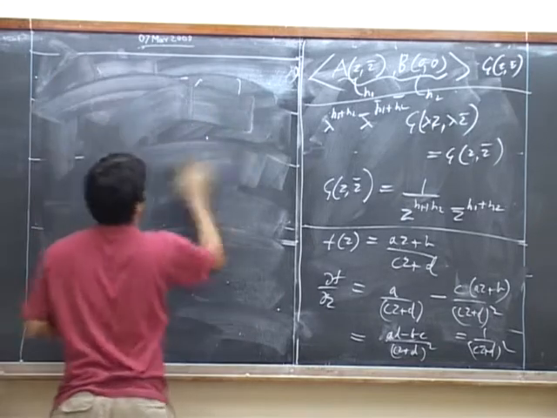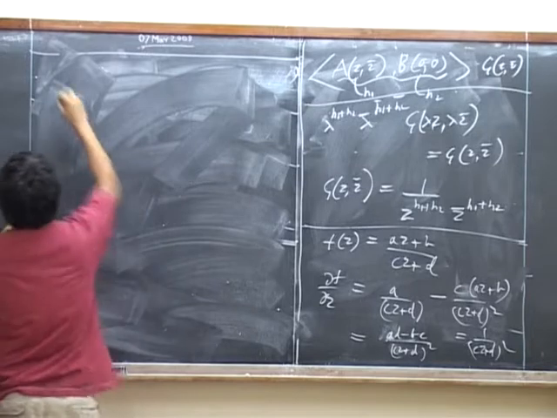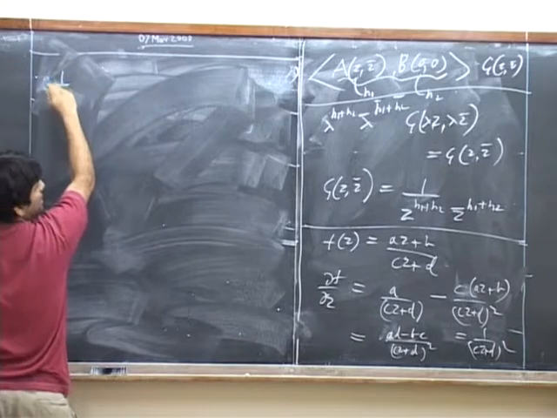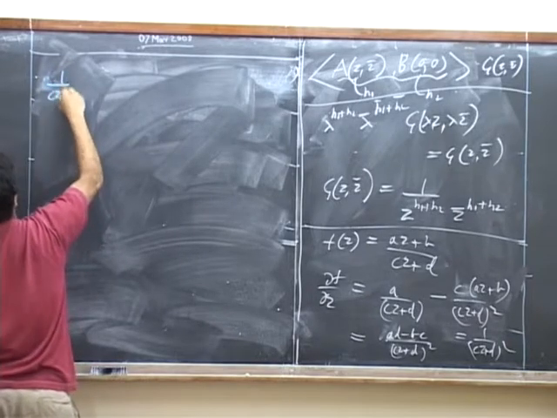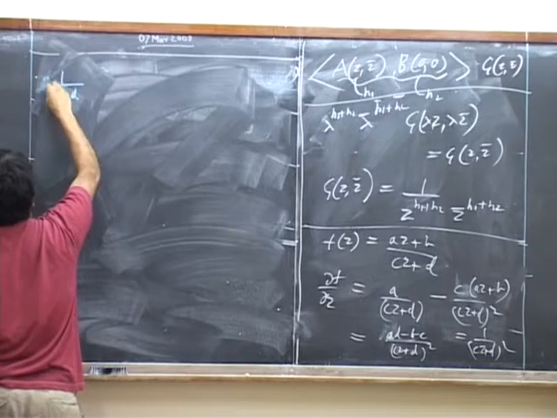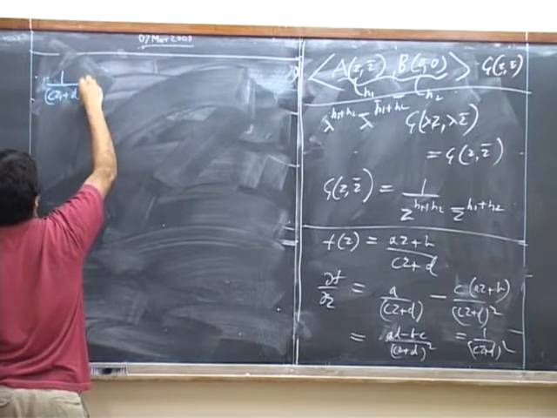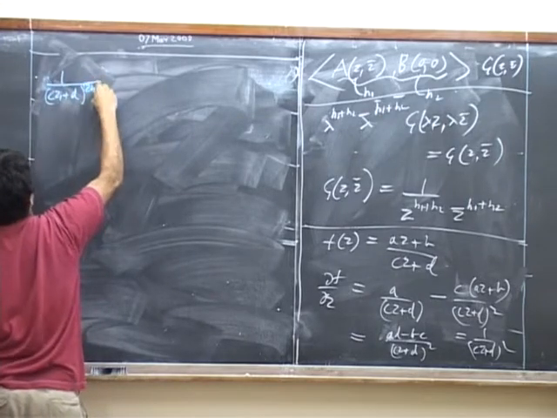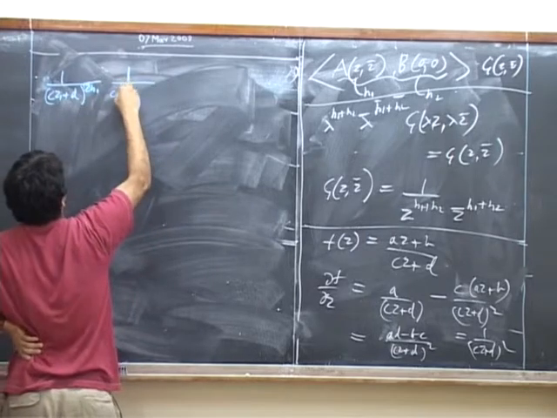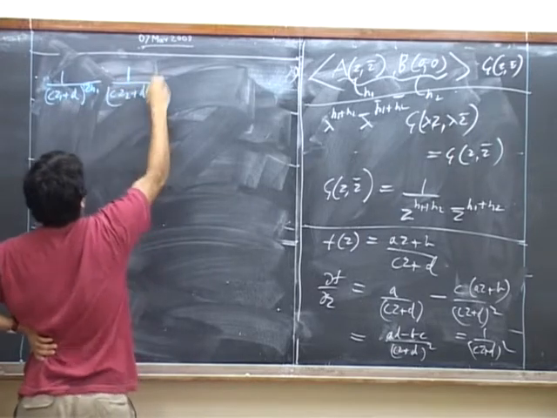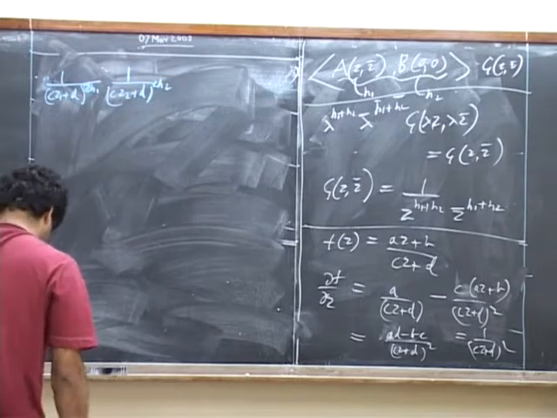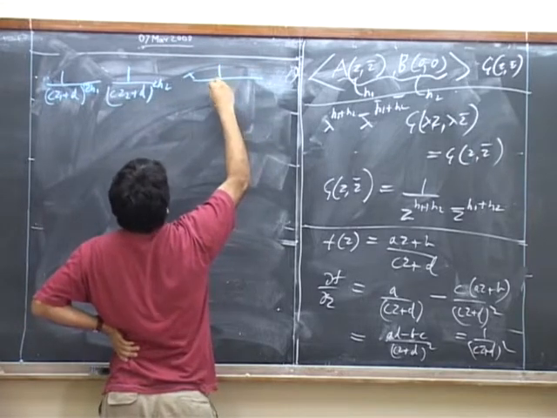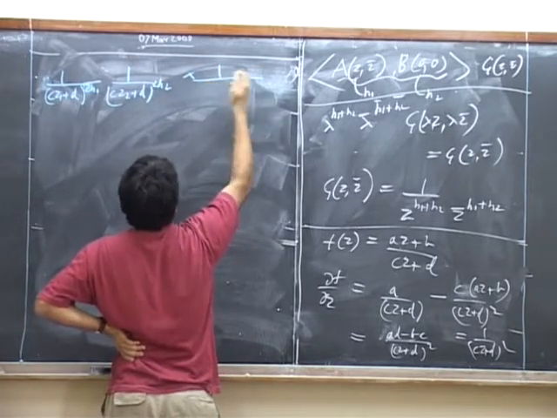It should be 1 over Cz1 plus D to the power 2h1, times 1 over Cz2 plus D to the power 2h2, times 1 over z12 to the power h1 minus h2.